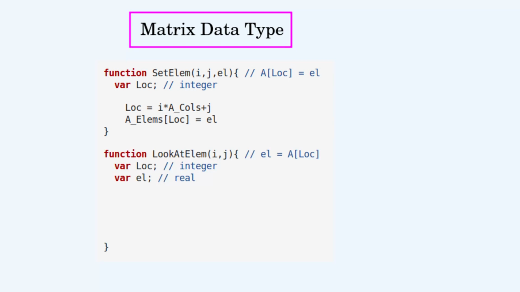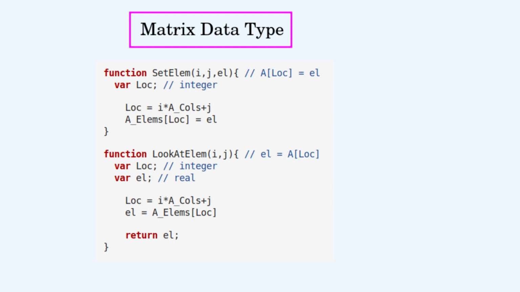This function will look at a particular position of the matrix and return the value of the element at this position. We'll calculate the location and get the value of the element at this location, and then return this value to the user. These functions are extremely simple, and we won't use them for more advanced programming, since we'd like our matrices to be processed quickly.